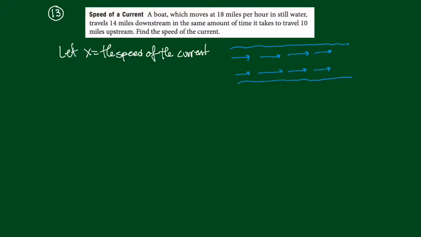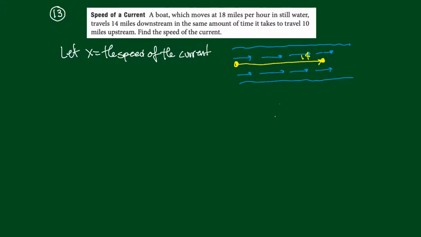Now it goes 14 miles downstream. So suppose that we started right here, and we go 14 miles down here. Then we turn around and we come back, but because we're going against the current, in the same amount of time we only go 10 miles.